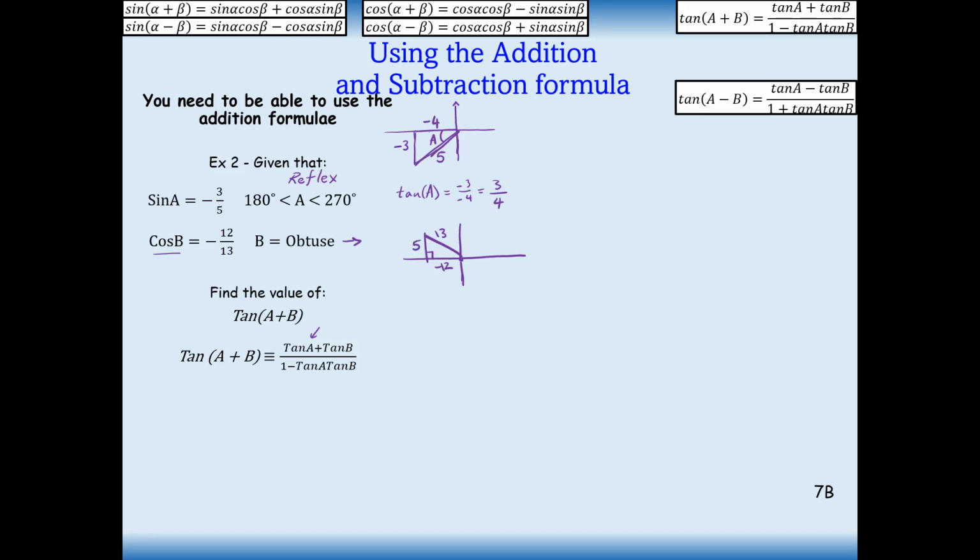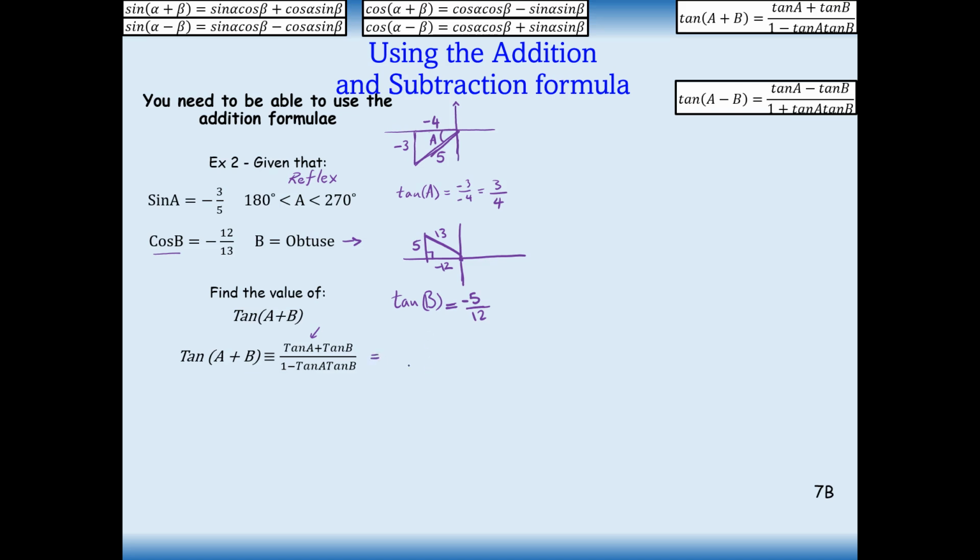There is another famous Pythagorean triplet, 5, 12, and 13. We can read tan of B from this figure as opposite over adjacent, which is 5 over 12. It doesn't matter where the minus goes as long as it's in that fraction: minus 5 over 12 or 5 over minus 12, same thing.